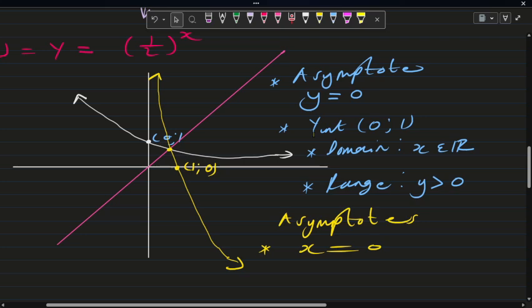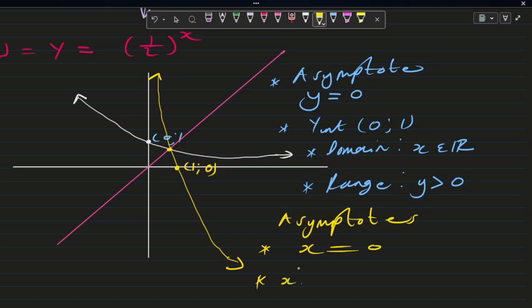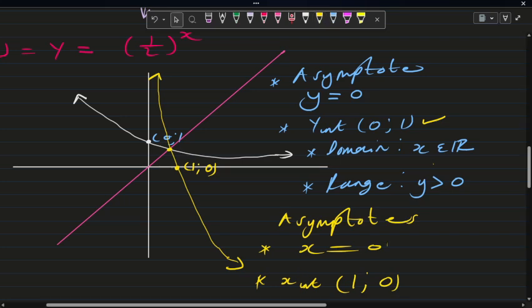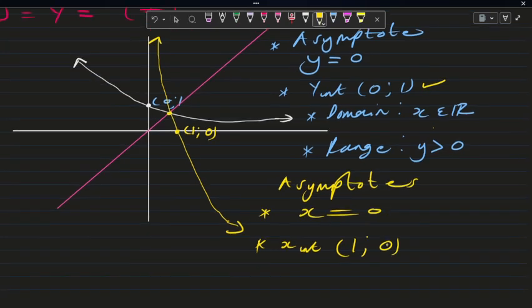So this is the new asymptote, the line x is equal to 0, which we know is the y-axis. The intercept that we now have is the x-intercept, not the y-intercept, and we obtain its coordinates by swapping this point around, so we have 1 and 0.